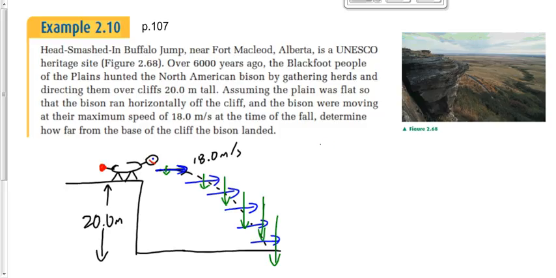So x component: v is equal to delta d over delta t. Delta d, we don't know. Delta t, we don't know either. But we do know the velocity. The velocity horizontally of this bison is 18 meters per second, because it's how fast he runs off the edge of the cliff. Well, that wasn't very helpful.